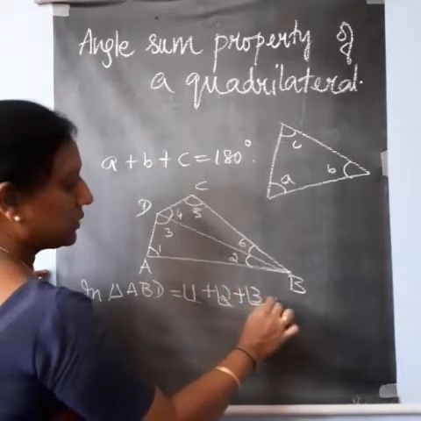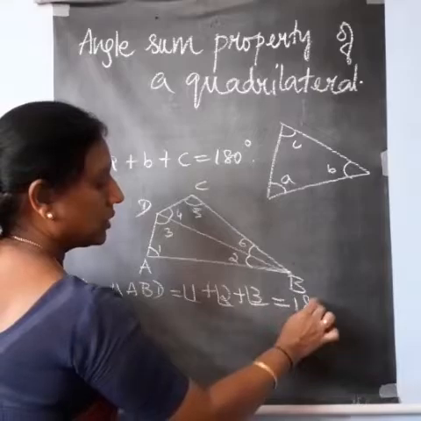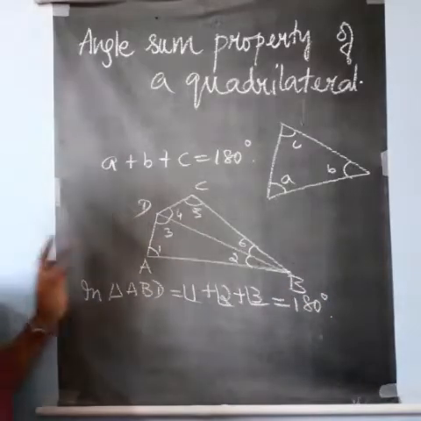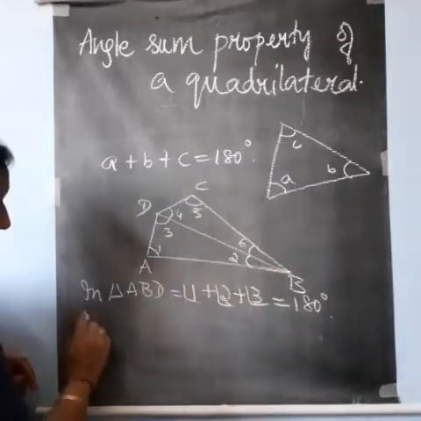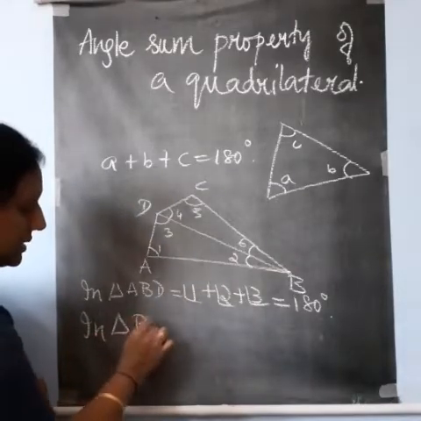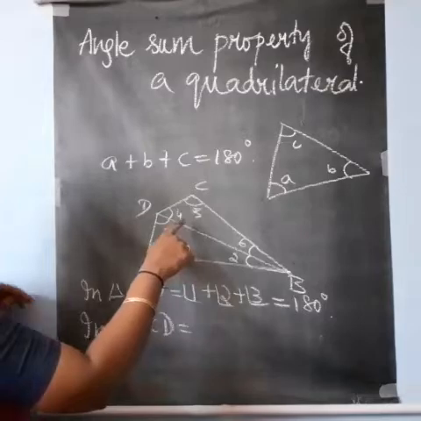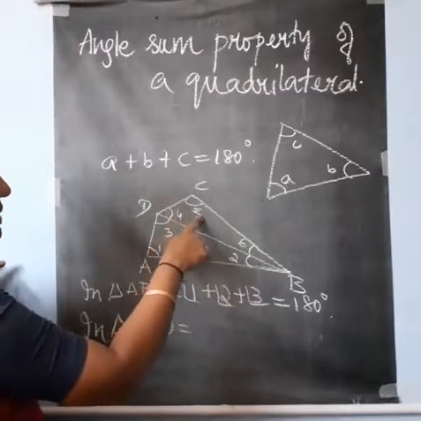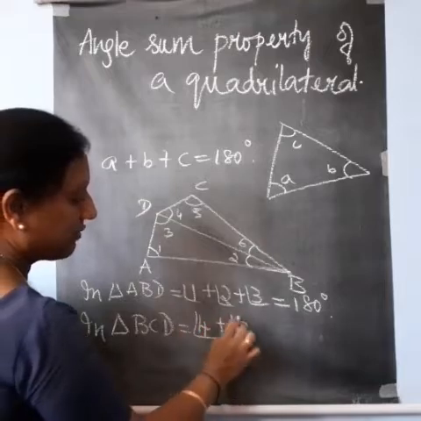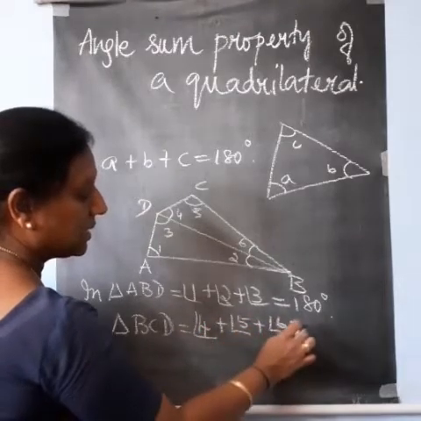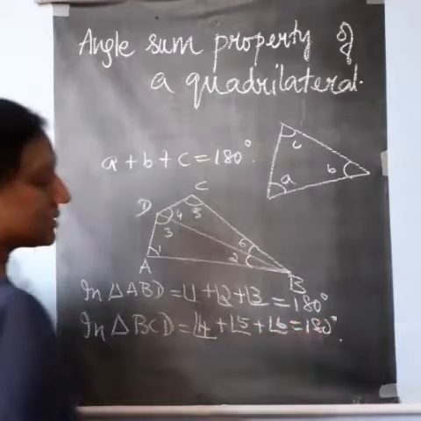Angle 1 plus angle 2 plus angle 3 is equal to 180 degrees. Similarly, in triangle BCD, what is the angle sum property? We get 4 plus 5 plus 6 is 180. Angle 4 plus angle 5 plus angle 6 equal to 180 degrees.